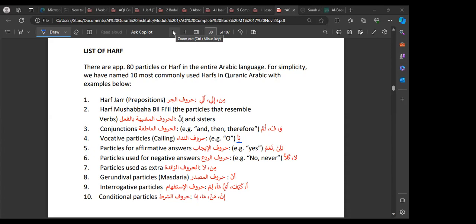Again, Ustad Sadiq, anything to add before I move on? Yeah, and I'm conscious we only have 20 minutes before your next part. Maybe what might be useful for the students are the key takeaways. The main takeaway for the list of harf in this class is just being aware of them.